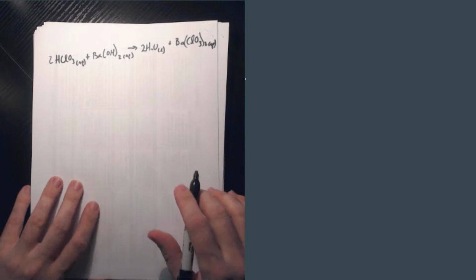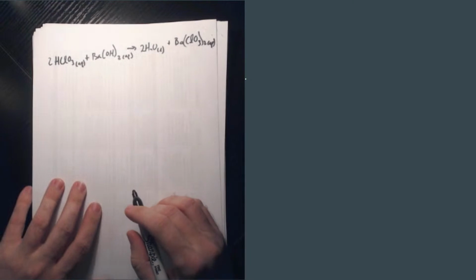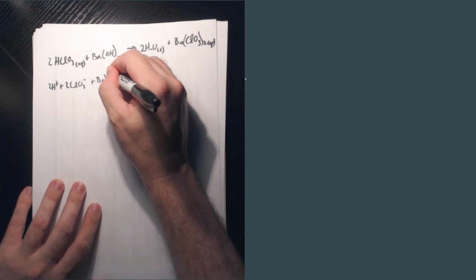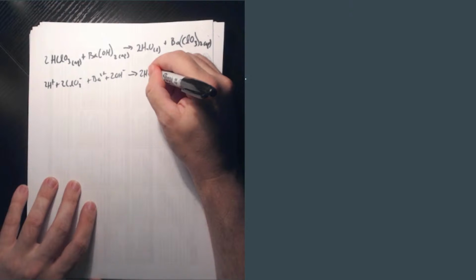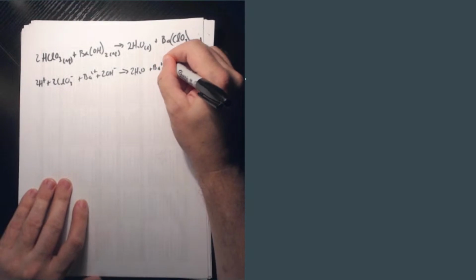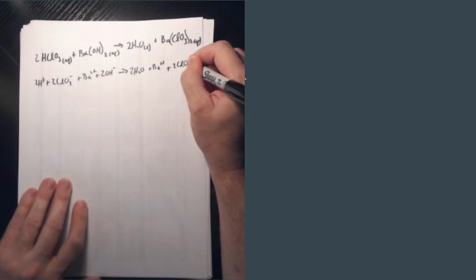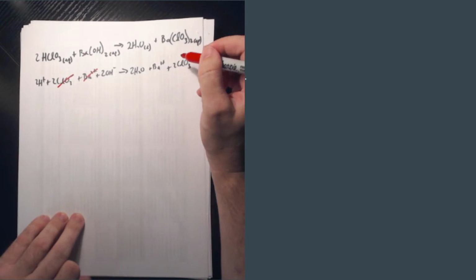Okay, so when we write this out, we break everything up into ions except for water. So 2H+ plus 2ClO3- plus Ba2+ plus 2OH- yields 2H2O, liquid, which doesn't get broken up, plus Ba2+ plus 2ClO3-, meaning that our barium and our chlorate are both spectators.